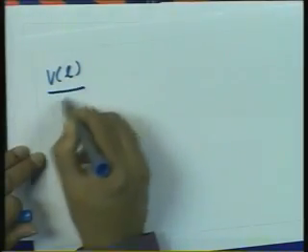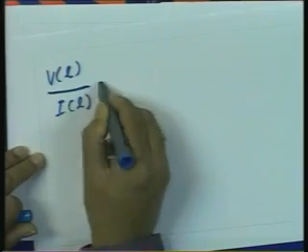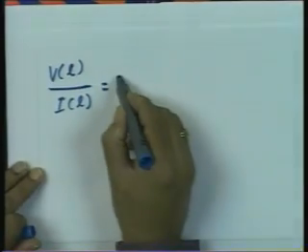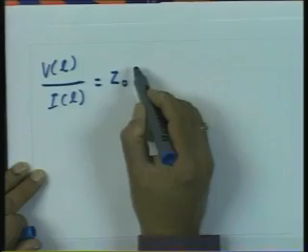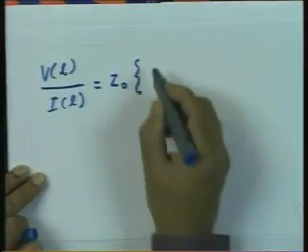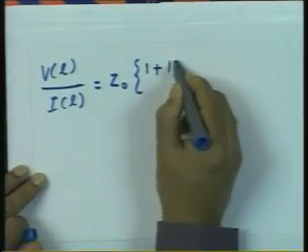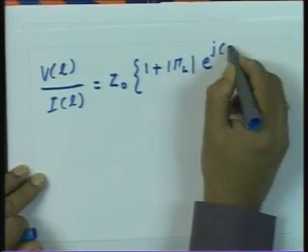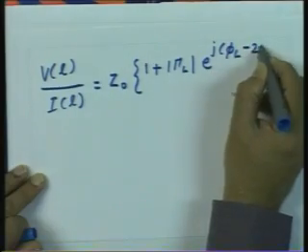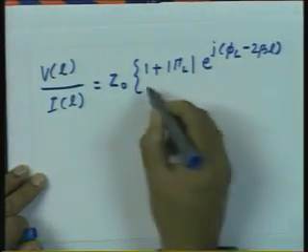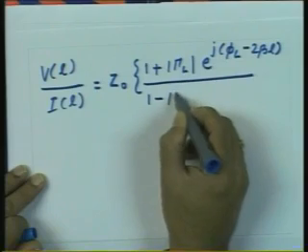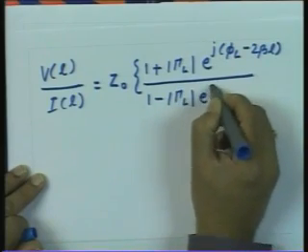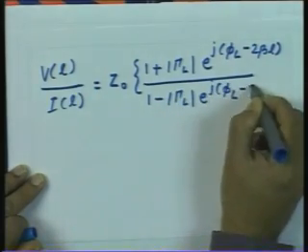If I take a ratio of these two, V of L divided by I of L, that is equal to Z0 into 1 plus mod gamma L e to the power j phi L minus 2 beta L divided by 1 minus mod gamma L e to the power j phi L minus 2 beta L.